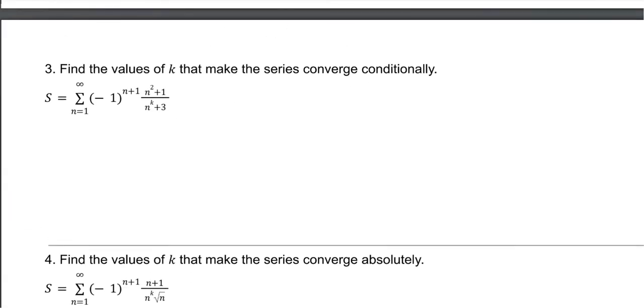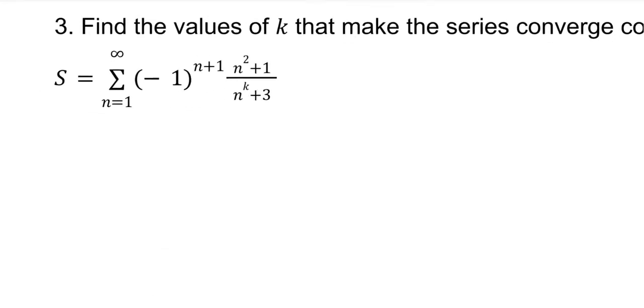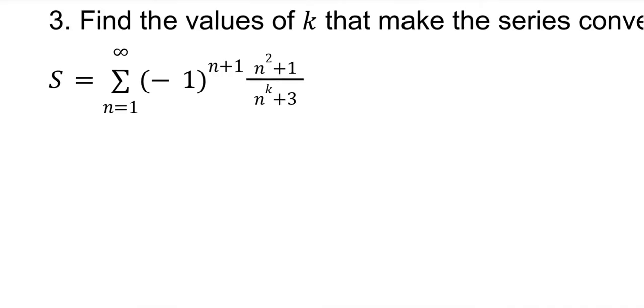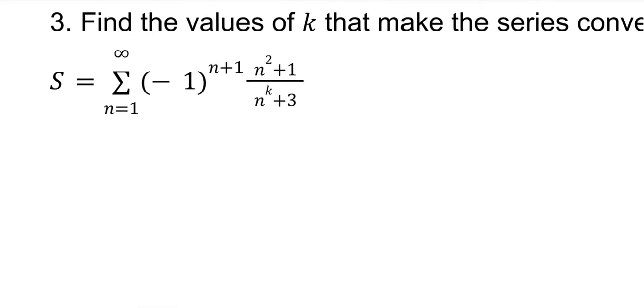All right, next we are going to find the values of k that make the series converge conditionally. Okay, so converges conditionally is where we are alternating and bigger on bottom by a positive amount. We do need to be bigger on bottom because we need to be converging by the alternating series test. So I know that k needs to be greater than 2, right?